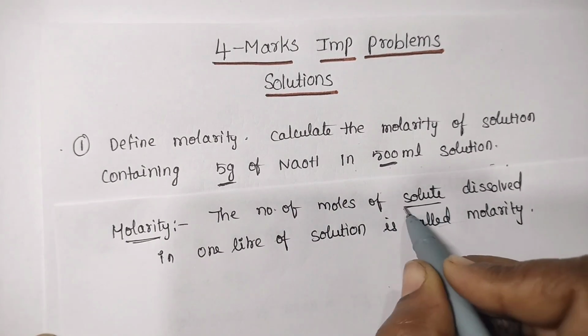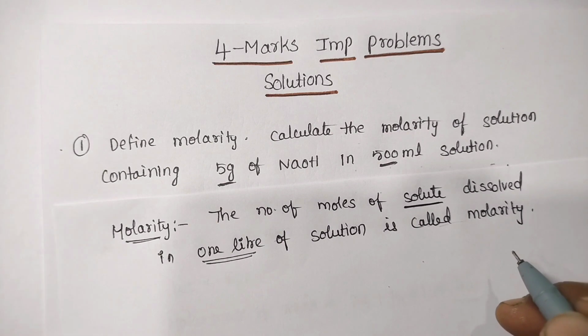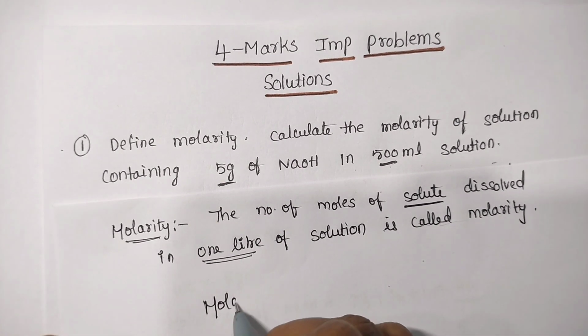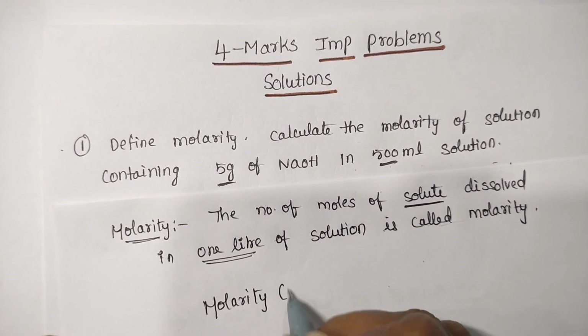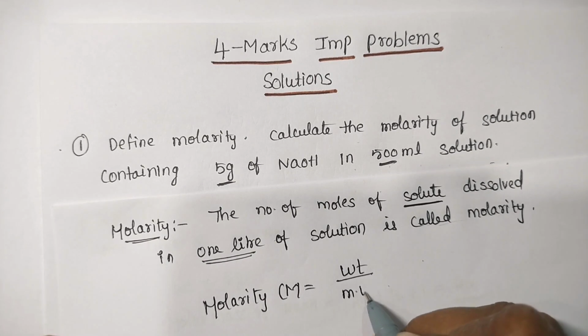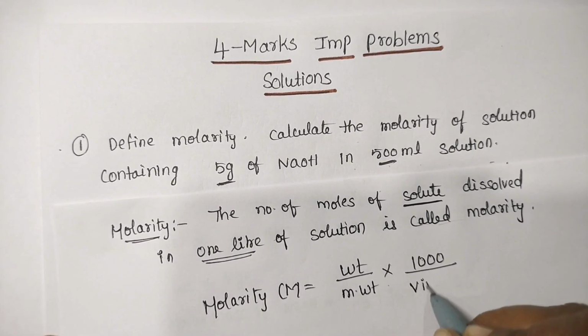The number of moles of solute dissolved in 1 liter of solution is called molarity. So what is the formula of molarity? Molarity, capital M, is equal to weight by molecular weight into 1000 by V, volume in ml.